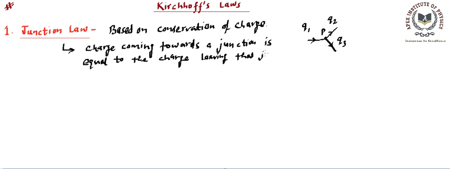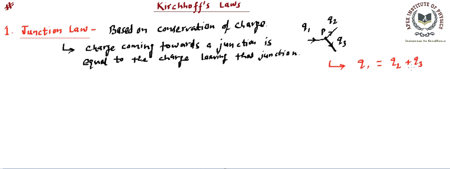At that junction, there could be n number of branches, but we need to see which branches it is coming toward the junction from and which branches it is going away from the junction. So in this particular example, Kirchhoff's junction law gives Q1 equal to Q2 plus Q3.